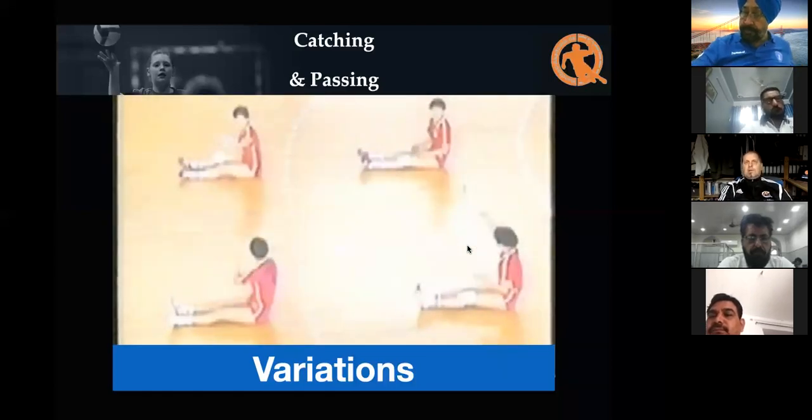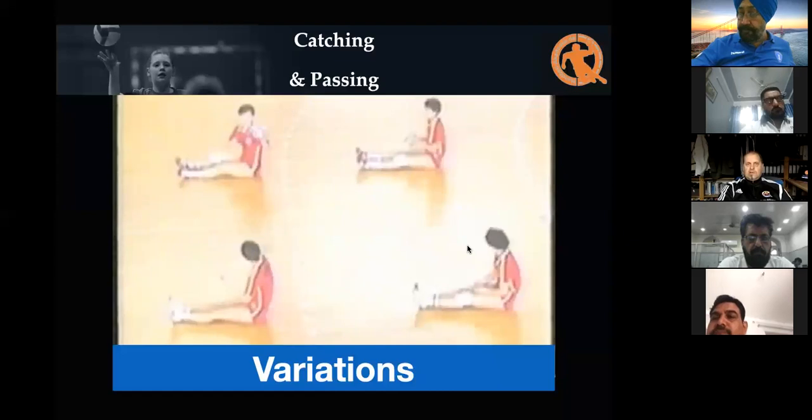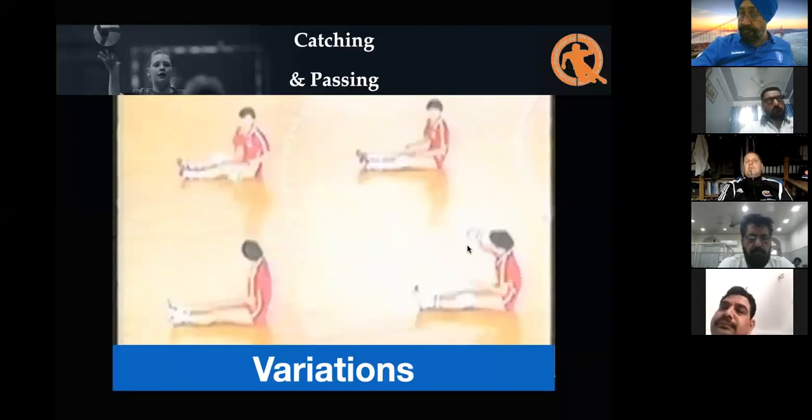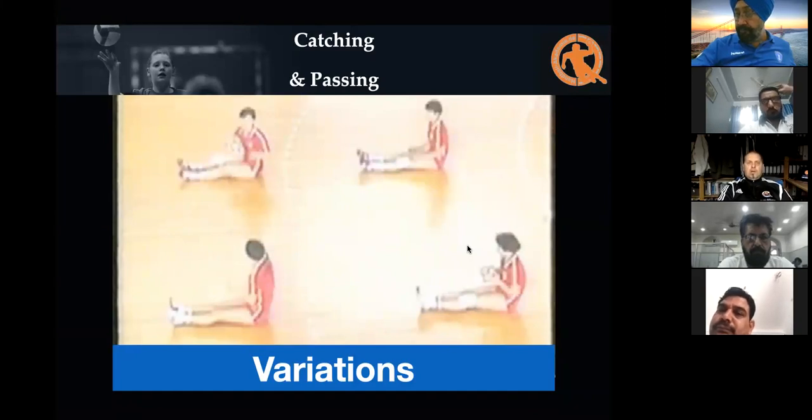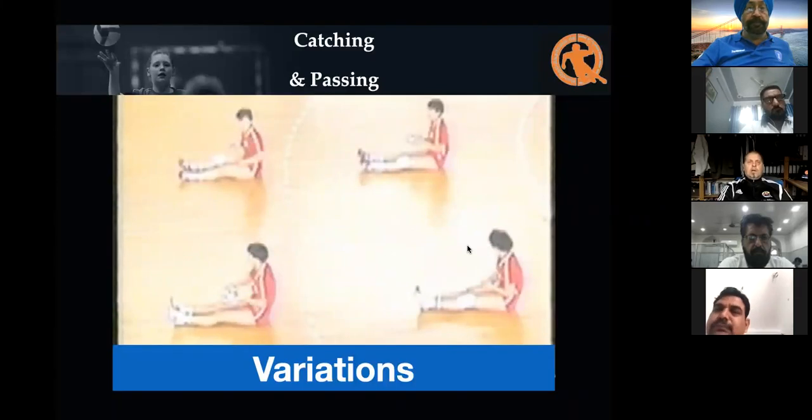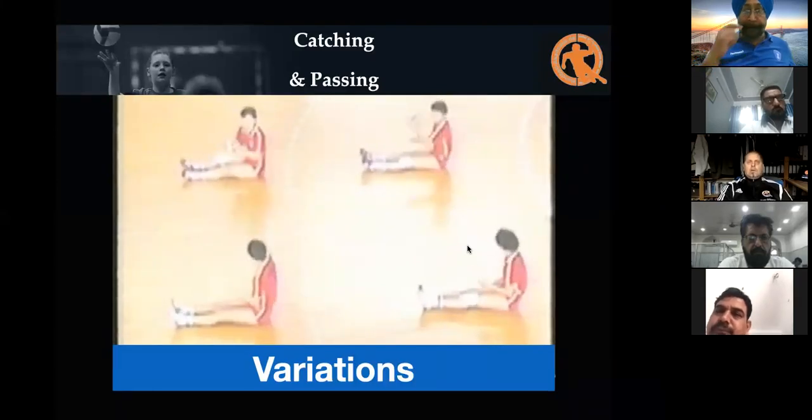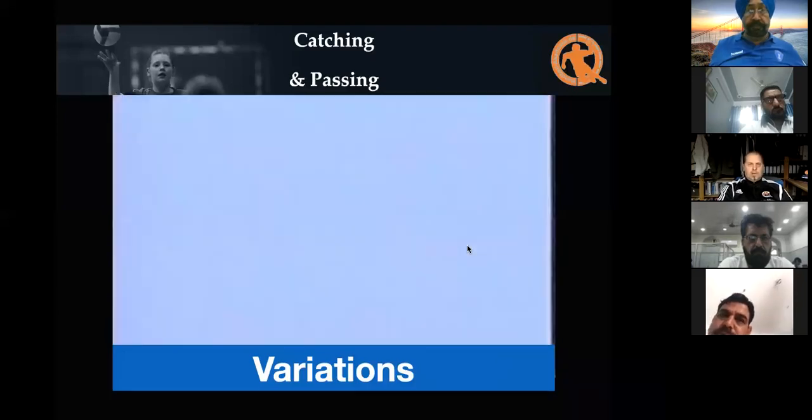So as you see, phase one, before receiving the ball, just sitting on the ground, no movement, so they can focus only on how to pass and how to catch the ball in that way. And they create repetition, repetition, repetition, one after the other.